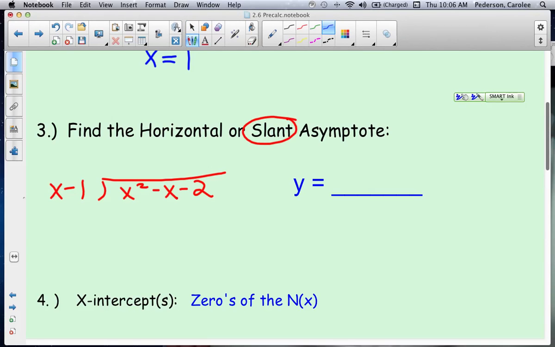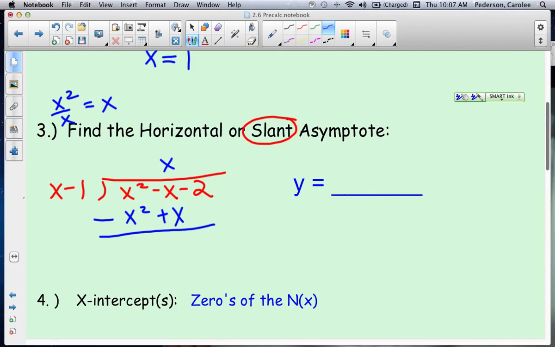How many times does x go into x squared? X squared divided by x is x. Now we multiply it by the 2 terms in front: x squared minus x. Now we change the signs. Negative, positive.